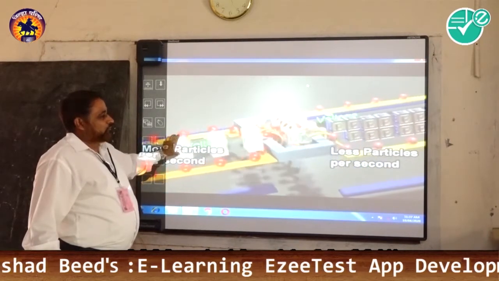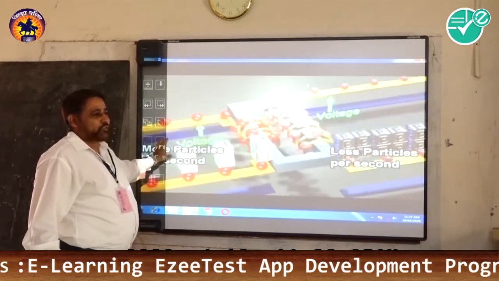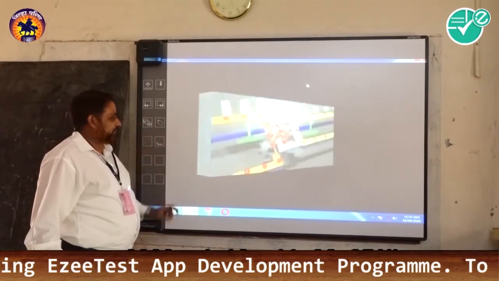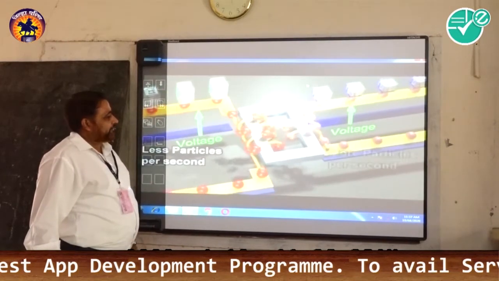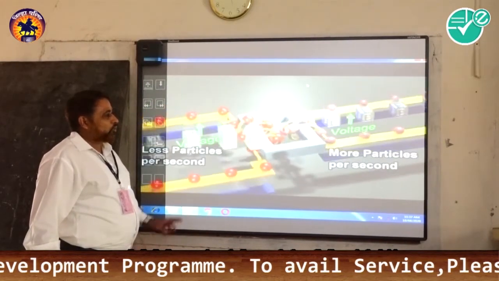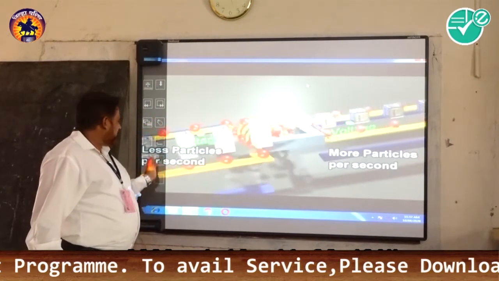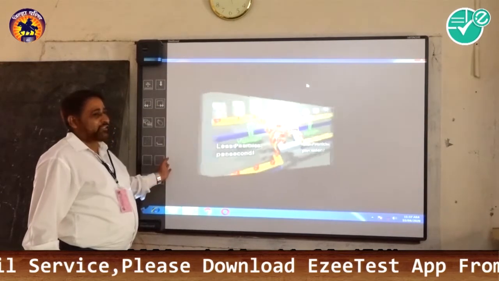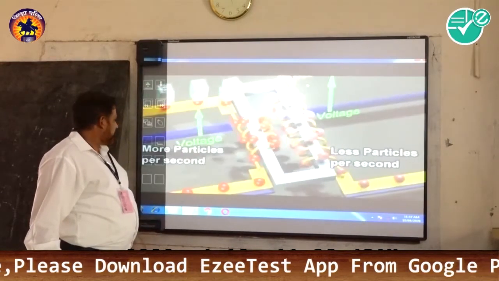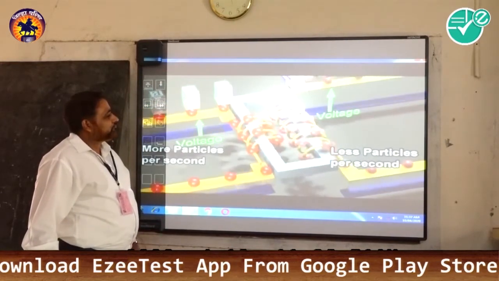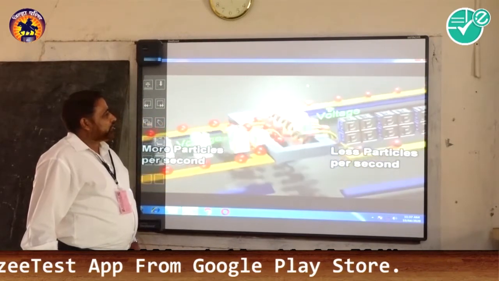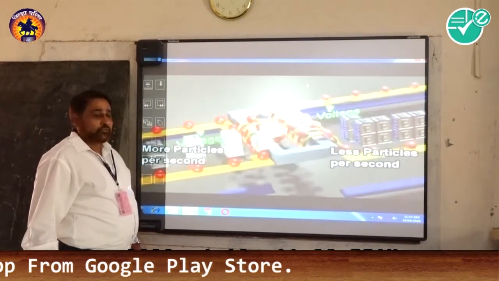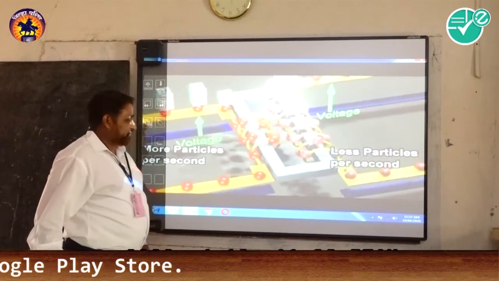So if you want to increase the voltage, you have to decrease the number of particles here. So you will get fewer particles per second at the output if you are having more particles per second at the input. So this is how the function of a transformer takes place.